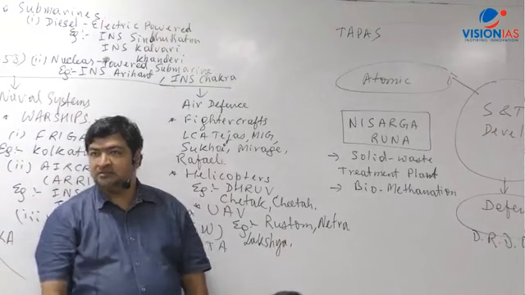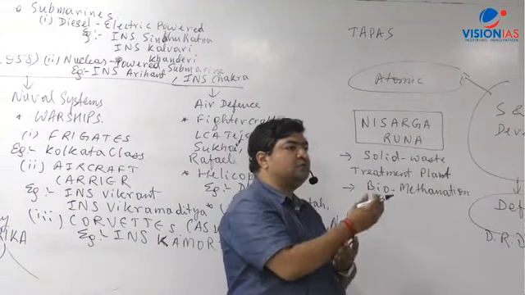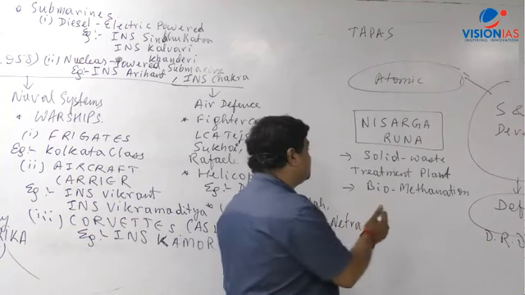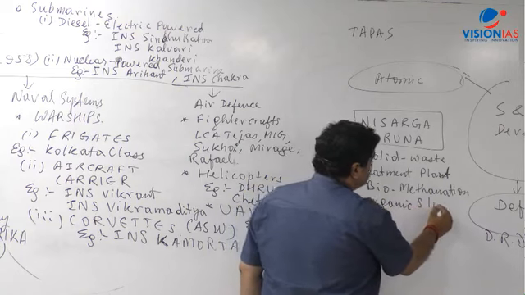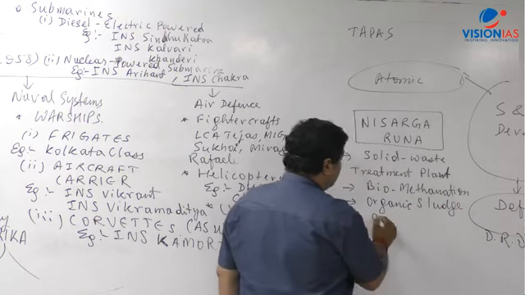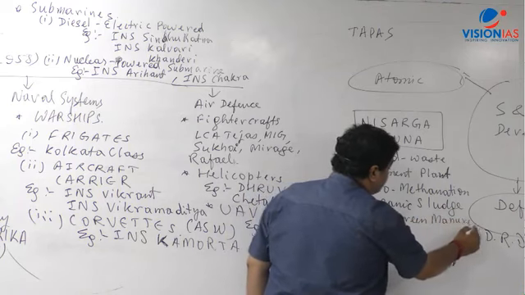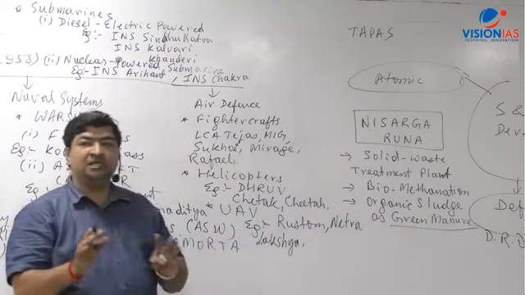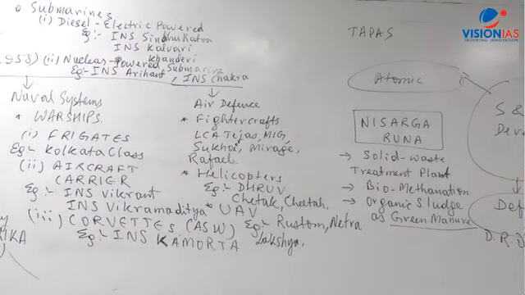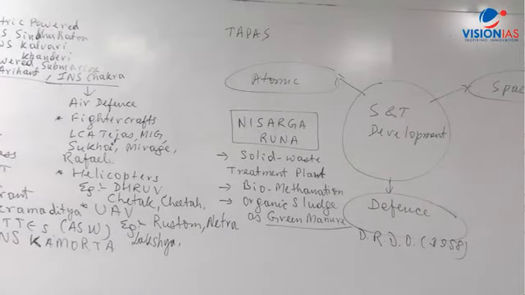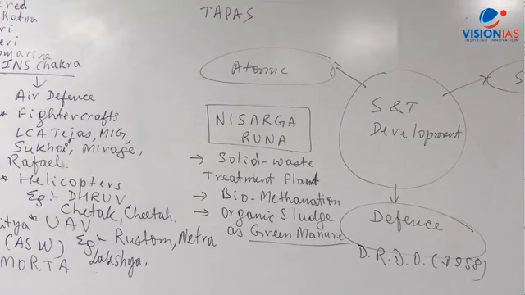The organic sludge left after treatment can be used as fertilizer, as green manure in agriculture. So it is a multi-purpose technology. It treats municipal solid waste and generates combustible methane gas, which can be used for cooking, boiling, and any kind of application.